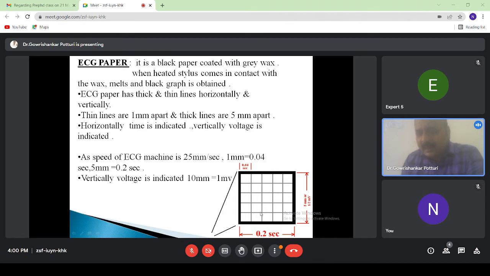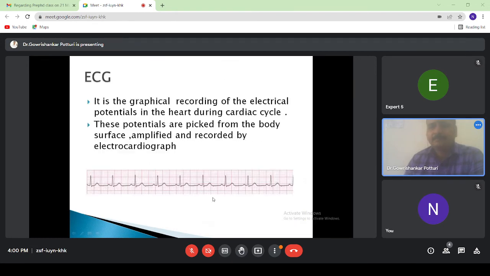That means exactly half of this large square the P wave should be present. I hope you are understanding how to calculate it. Exactly half the P wave should be present, because one large square is 0.2 seconds. The duration of the P wave is 0.1 second.